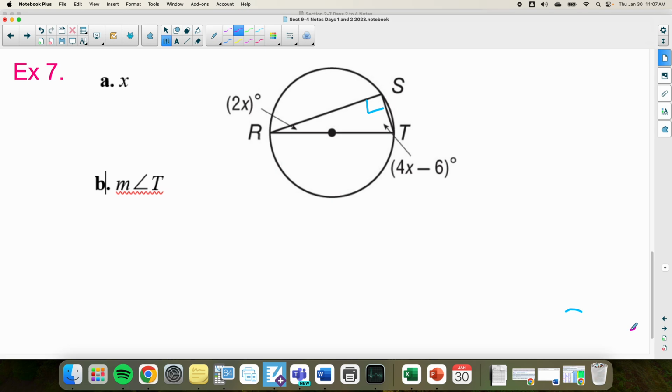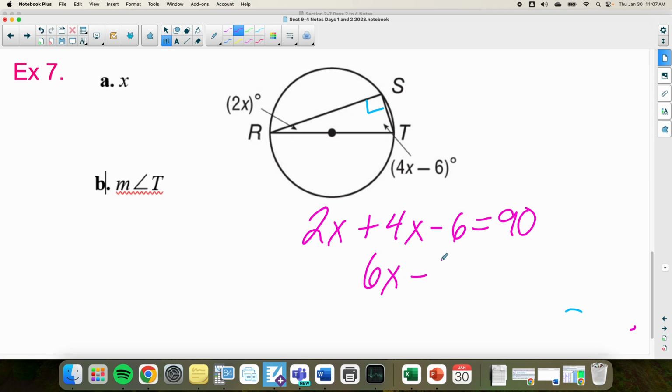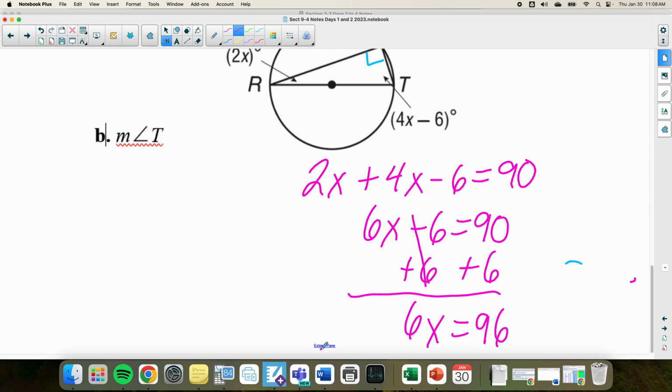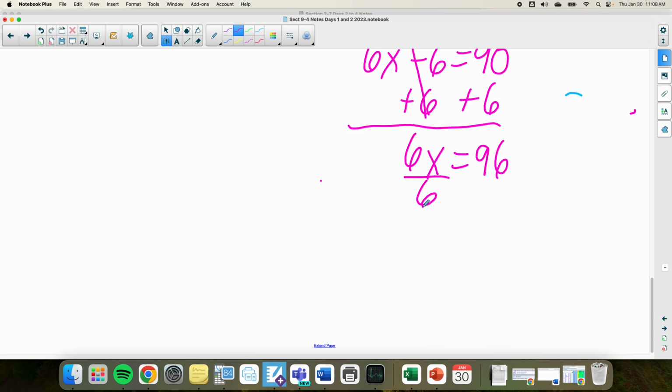So I can just go 2x plus the 4x minus 6 equals 90, okay? 2x plus 4x is 6x minus 6 equals 90. And then I'm going to add 6, and I get 6x equals 96. And divide by 6, x is 16.